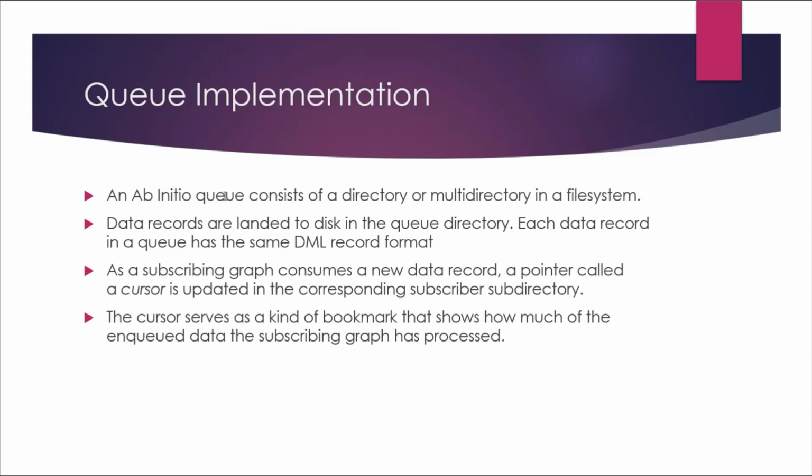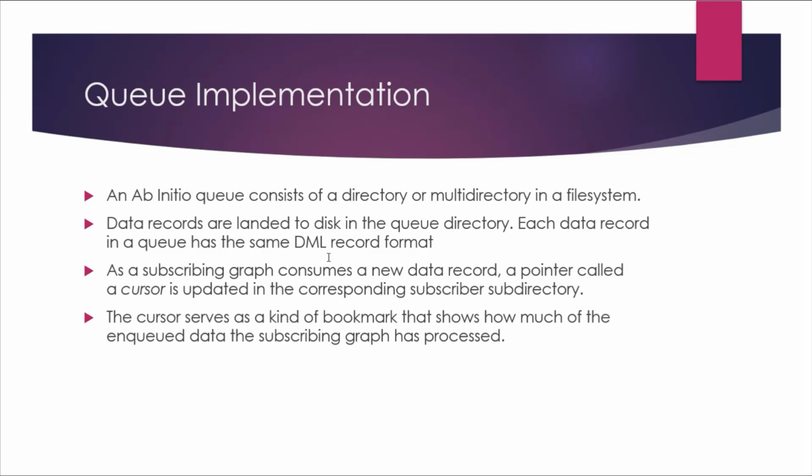Just like we create a multi-file system in a file system, we create an Ab Initio queue in a similar way. Just like we use m commands to create the multi-file system, we also need to use the m commands to create the Ab Initio queue.